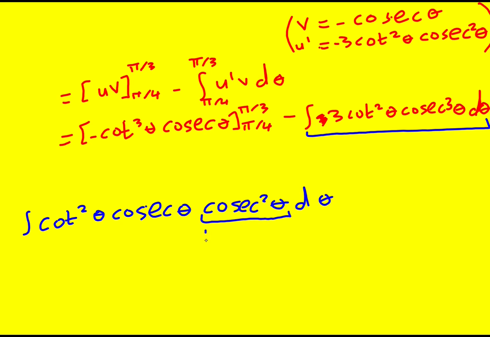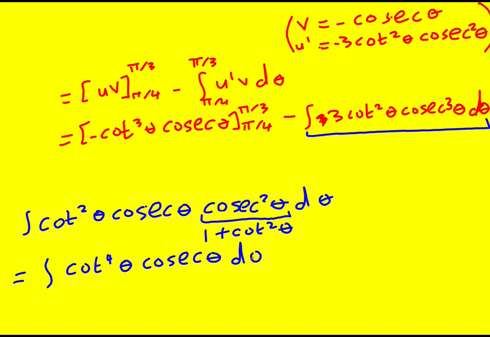Going to change that, just like before, to 1 plus cot squared theta, which means the integral is going to become cot to the power of 4 theta cosec theta d theta plus the integral of cot squared theta cosec theta d theta.